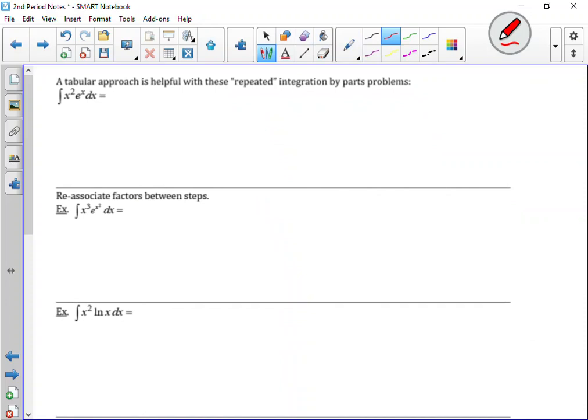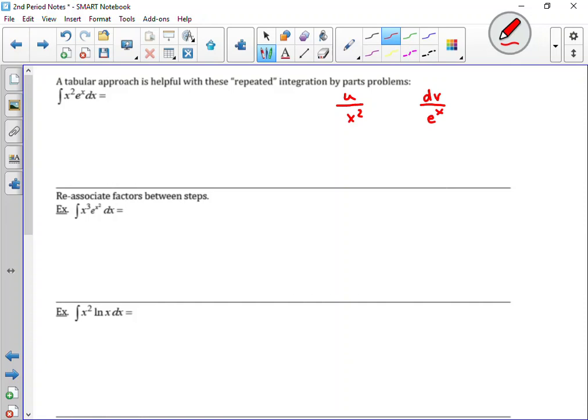Okay? So, here's how you do it for the tabular one. You still have U, but instead you make it a column, and then you have dV, but you also make that a column. All right? So we make U still x squared, and then dv, we're going to make e to the x.